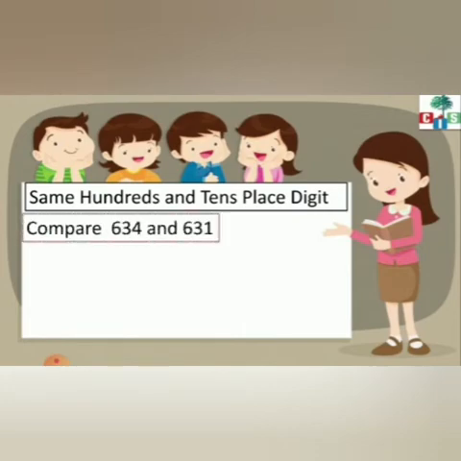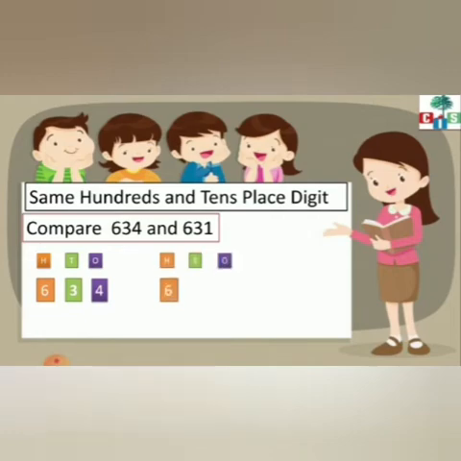Compare 634 and 631. So let's start. 6 will be under hundreds, 3 tens, 4 ones. The next number: hundreds, tens, ones, so 600, 3 tens, and 1 is the ones. Now let's compare it. 6 is here in the hundreds place, and here also 6 is at the hundreds place.